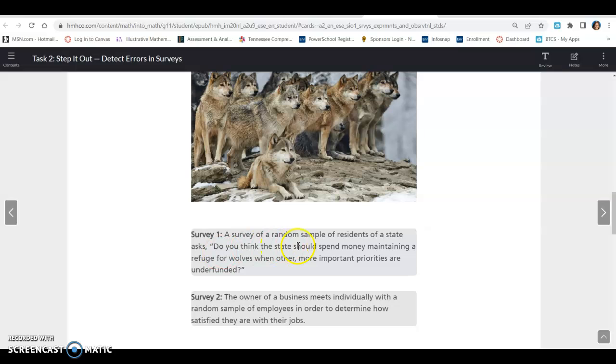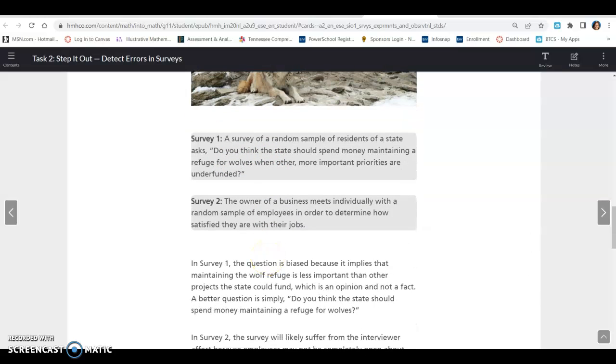So, do you think the state should spend money maintaining a refuge for wolves? Question mark. That's it. When you say when other more important priorities are underfunded, that is making you think about something besides what the question asks. So that would be bias.